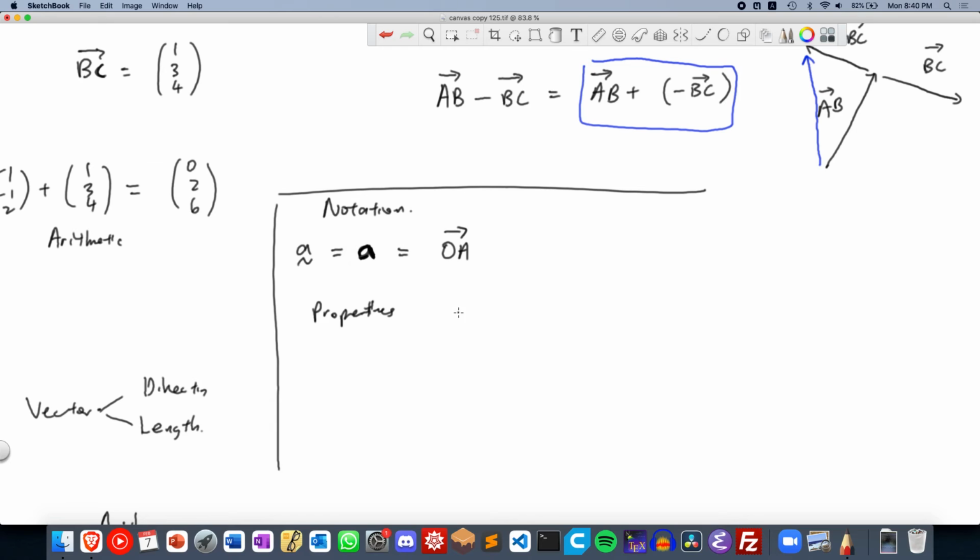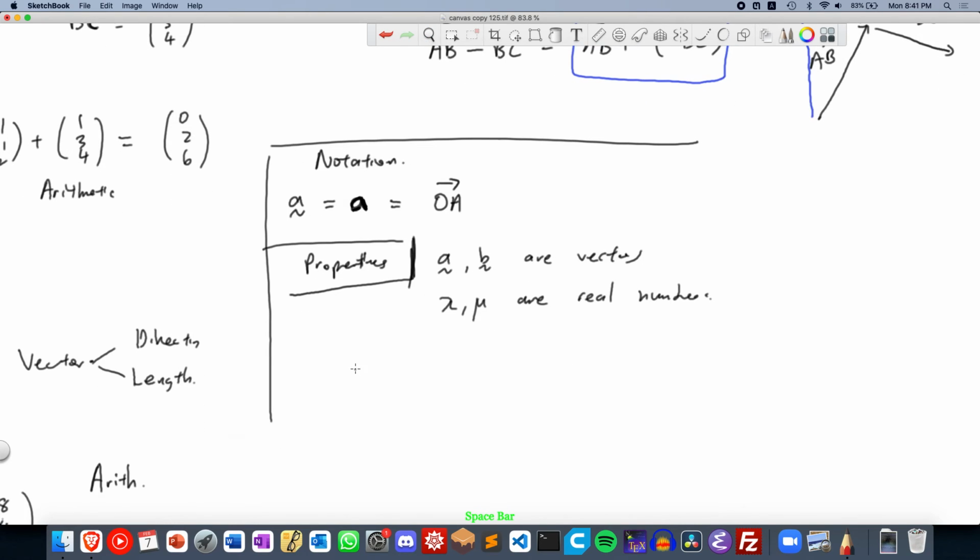Let's say A and B are vectors, and let's say lambda and mu are real numbers. So the first thing is that, let's say A, B, and C are vectors.